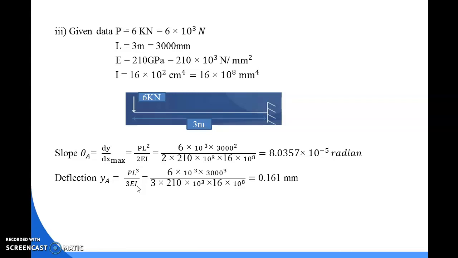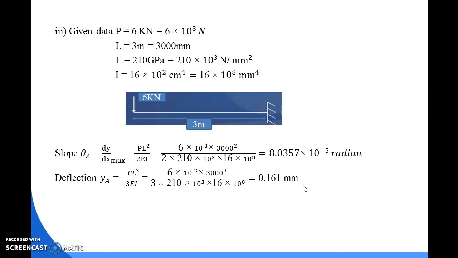So by putting all these values, we have 0.161 mm. So for this kind of beam having the point load at the free end, the maximum slope value will be this much and the maximum deflection value will be this much.